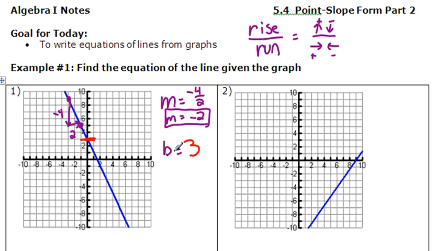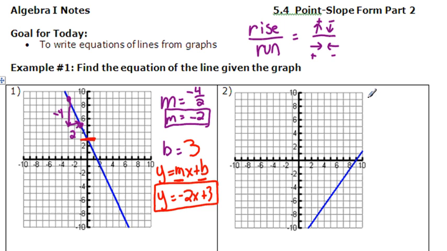So my y-intercept is 3. If I am given a slope and an intercept, I can automatically write it in slope-intercept form. I just fill out the m and the b. So this is y equals -2x plus 3. And that's my answer.